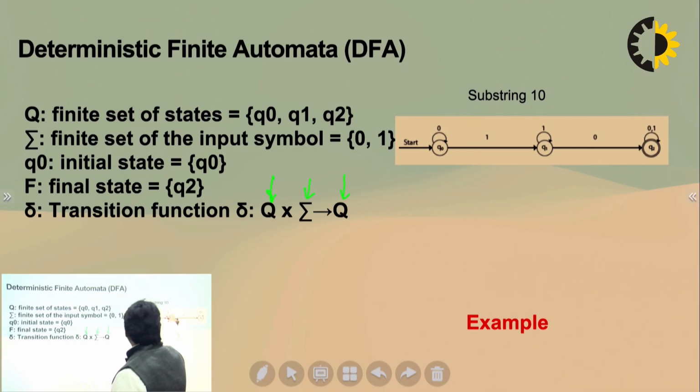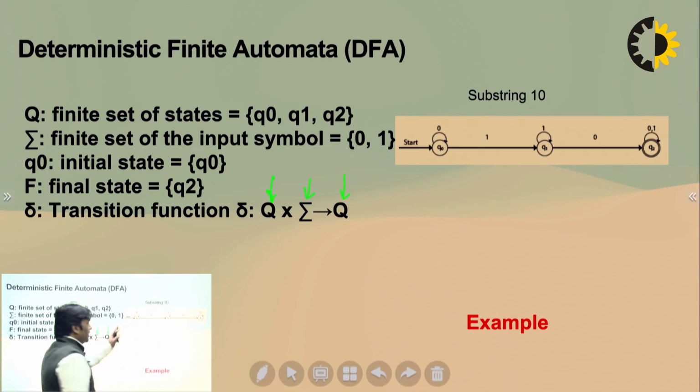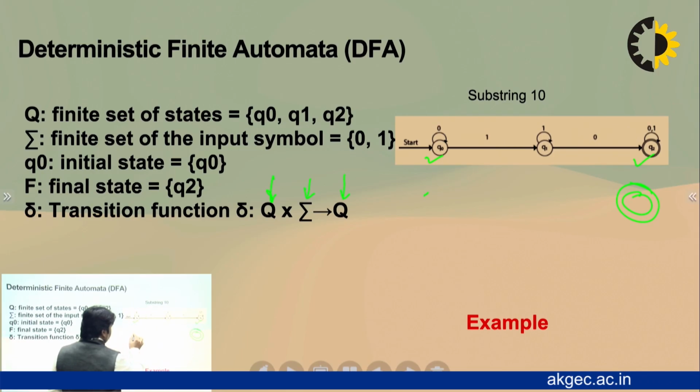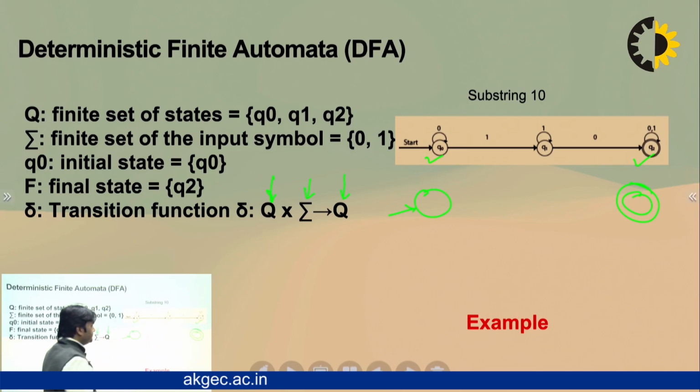If you take this example of a finite automata, this is the initial state where the machine starts, and this is the final state. The final state is represented by a double circle, and the initial state by a circle with an arrow. This is the labeling of any state. These are the inner states.